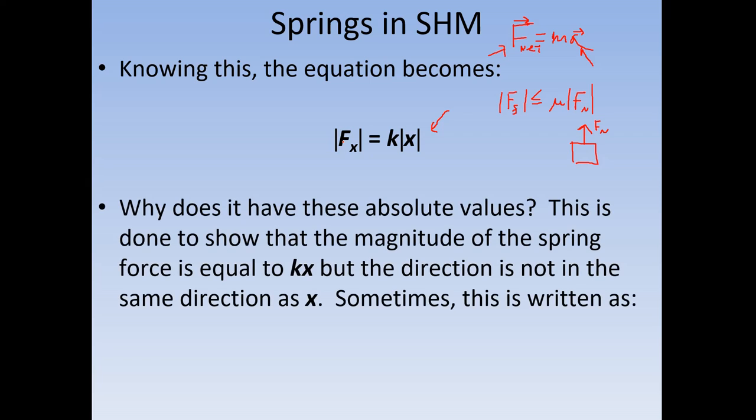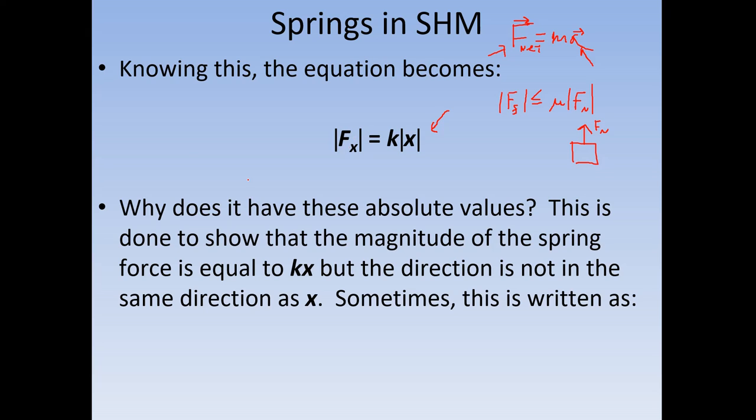Now, there is something a little bit weird about this absolute value. The reason why I think it's a little bit awkwardly put in here for this case is that in the case of friction, as I mentioned, these are completely perpendicular to each other, while in this equation, there is a relationship between their directions. In fact, the direction of x is always in the opposite direction of the force.